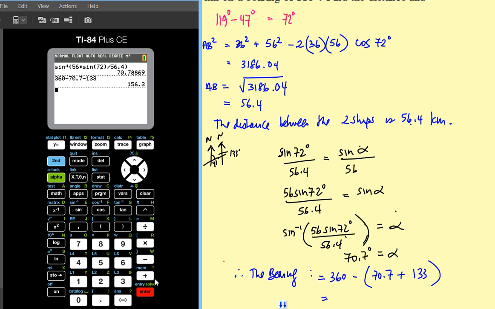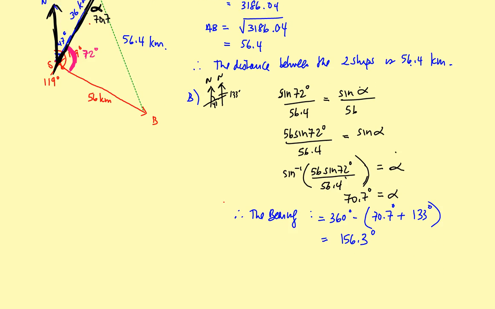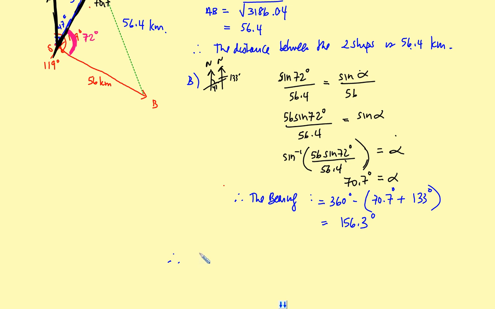Enter, and I get 156.3. So my bearing will be 156.3 degrees. So the final answer is, therefore, length AB is equal to 56.4 kilometers with a bearing of 156.3 degrees. Okay.